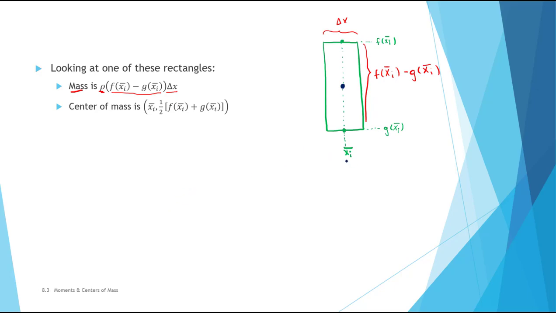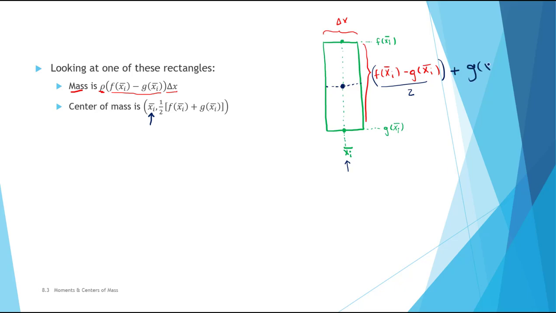That's because the density is constant. So we can easily see that the x value of that center is xi bar. To find the y value, we need to find the height of that rectangle, which is f of xi bar minus g of xi bar, and divide by 2 to find half of the height. And then we need to add that bottom y value.